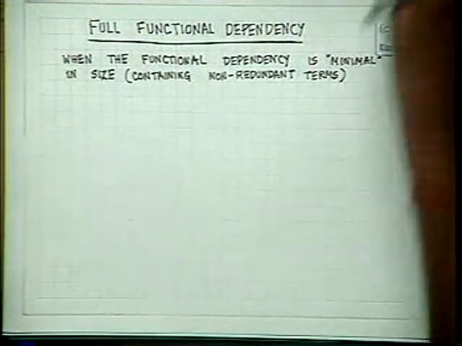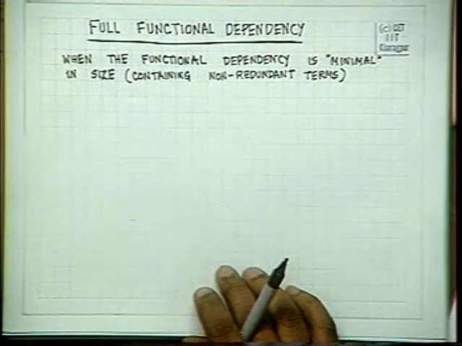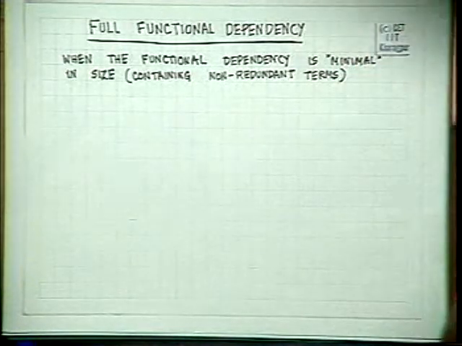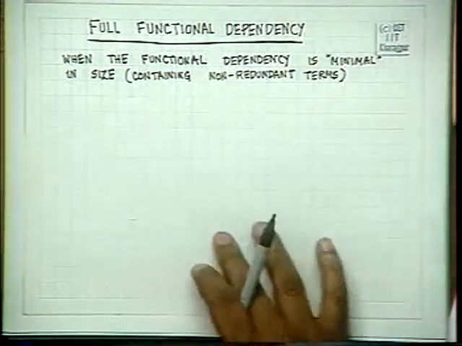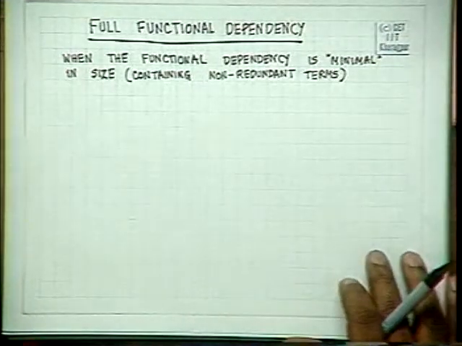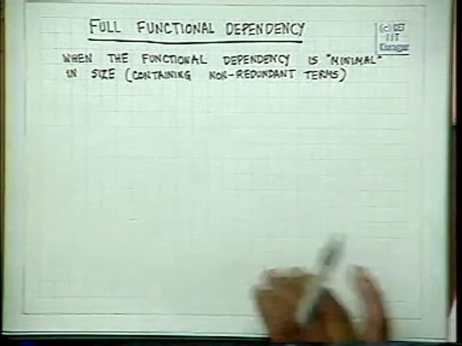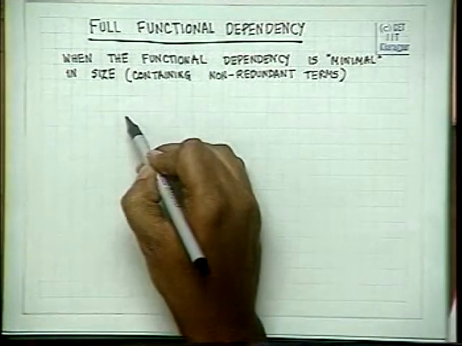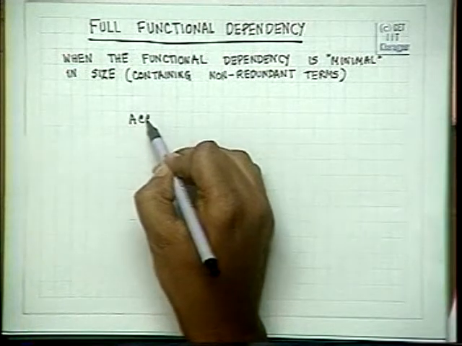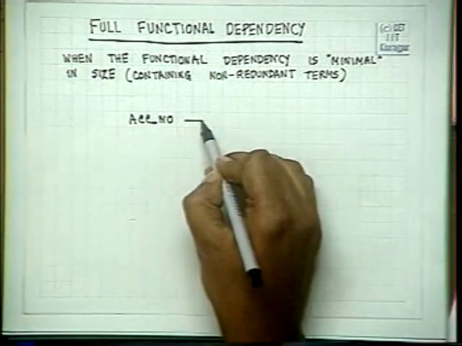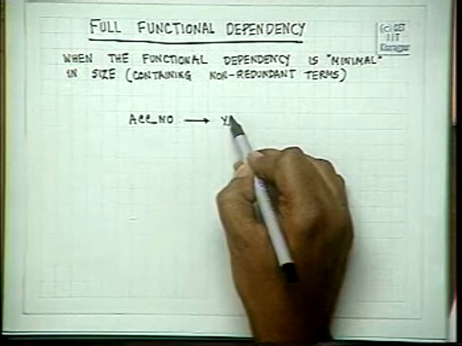Next, we see the concept of a full functional dependency. Let us see what is the difference between any functional dependency and a full functional dependency. In the book relation, we have accession number to year of publication.